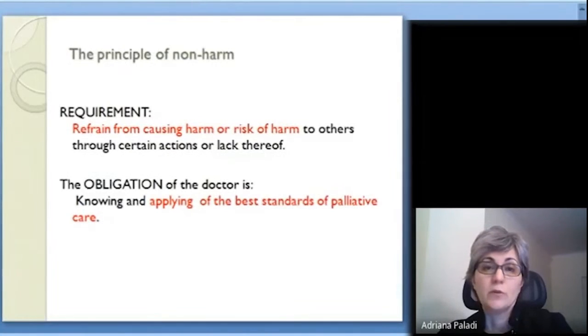The third principle is the principle of non-harm, and this principle requires refraining from causing harm or risk of harm to others through certain action or lack thereof. The most important obligation derived from this principle is that the doctor has to know and apply the best standards of palliative care.